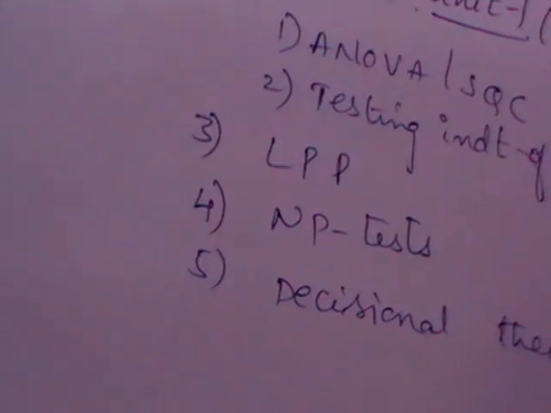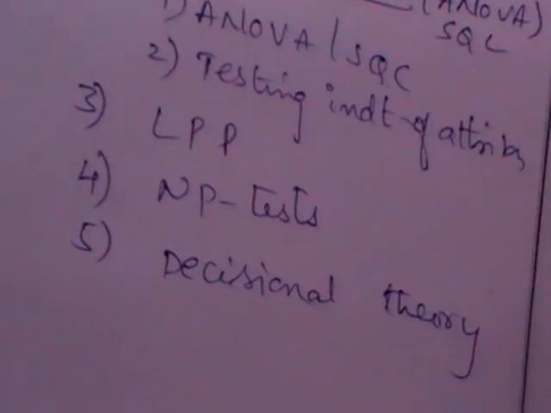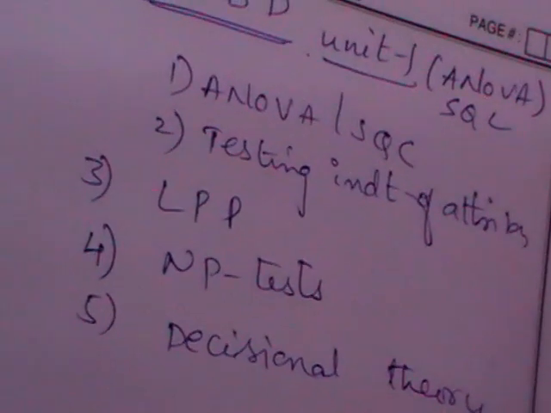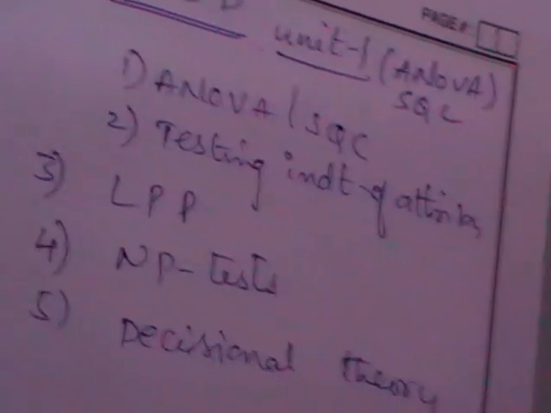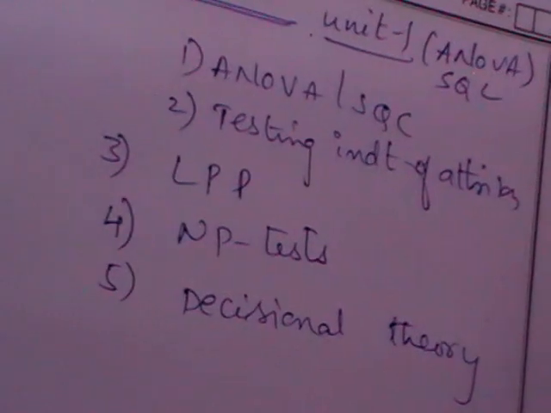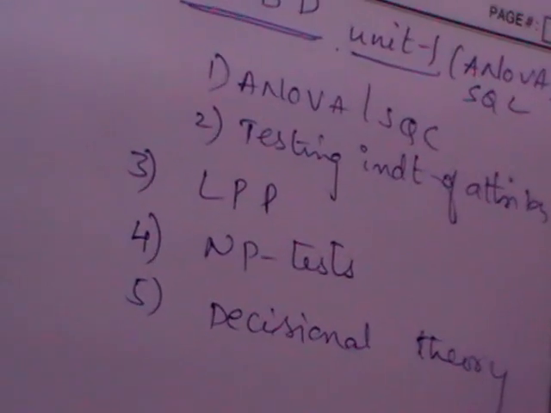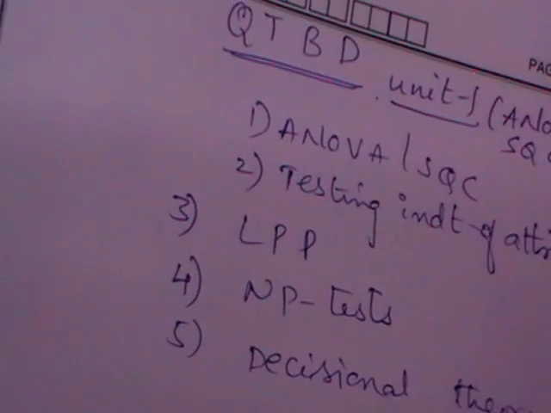So these are the 5 units we are going to cover: ANOVA, SQC, testing of qualitative data which is called attributes, linear programming problem, non-parametric tests, and decision theory. These are the 5 units we are going to deal.